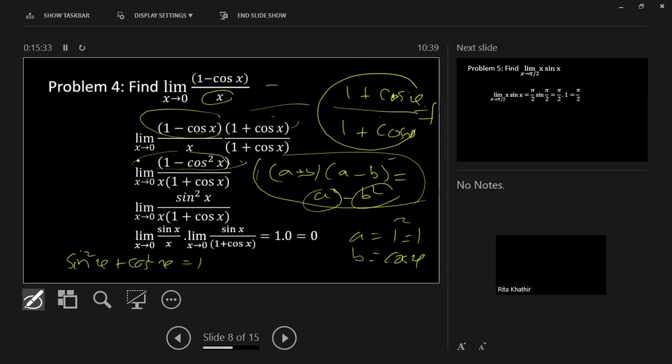So if you see 1 minus cos square of x, that is sine square of x. Then we can change this to sine square of x. Now you can also write sine square of x as sine x multiplied by sine of x. After you put this separately, you can take sine of x over x, and the other sine of x over 1 plus cos x.